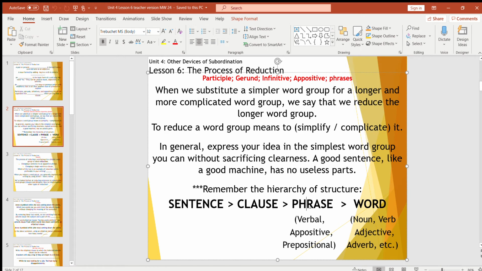Phrases don't have both the subject and the predicate, and they definitely don't make sense by themselves. They usually just have the noun. And then the lowest thing you can do is write a full-blown word, which are the parts of speech like noun, verb, adjective, adverb, conjunction, preposition, etc. If you really wanted to, you could go a step down from that and have the individual letters, but you know the 26 letters of the alphabet, so we're not going to bother talking about them.